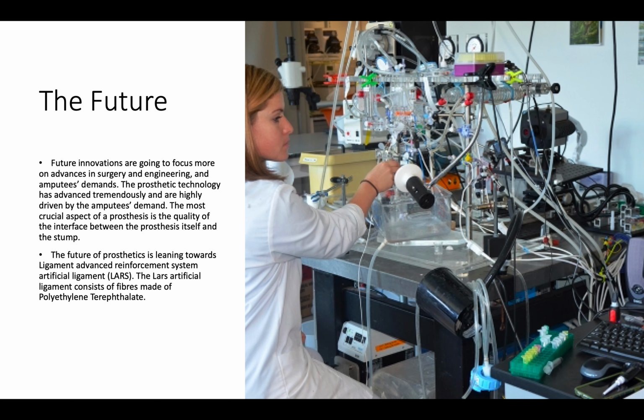The future of prosthetics is leaning towards the ligament advanced reinforcement system artificial ligament, also known as LARS. The LARS artificial ligament consists of fibers made of polyethylene terephthalate, with an intraosseous segment that is composed of longitudinal fibers that are bound together by transverse knitted structures.